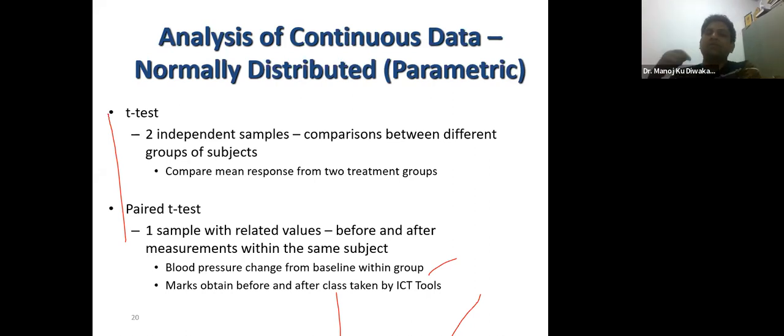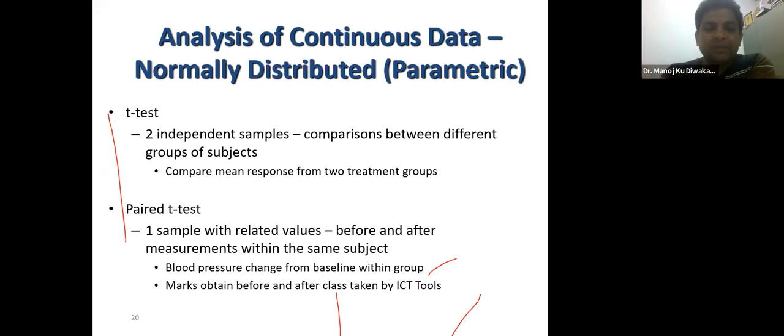That means we see the change in IQ level between pre-students and post, or passed-out, students of JNU. I want to see that with the help of the paired t-test.